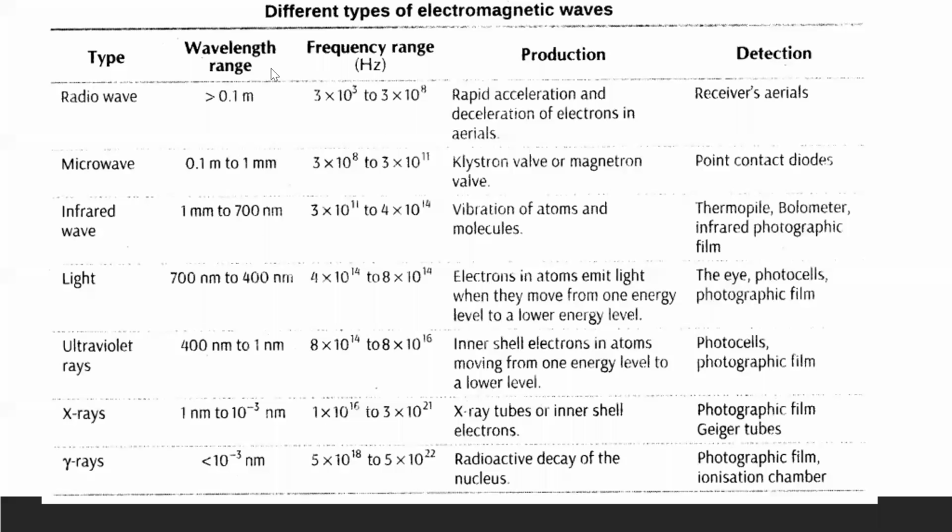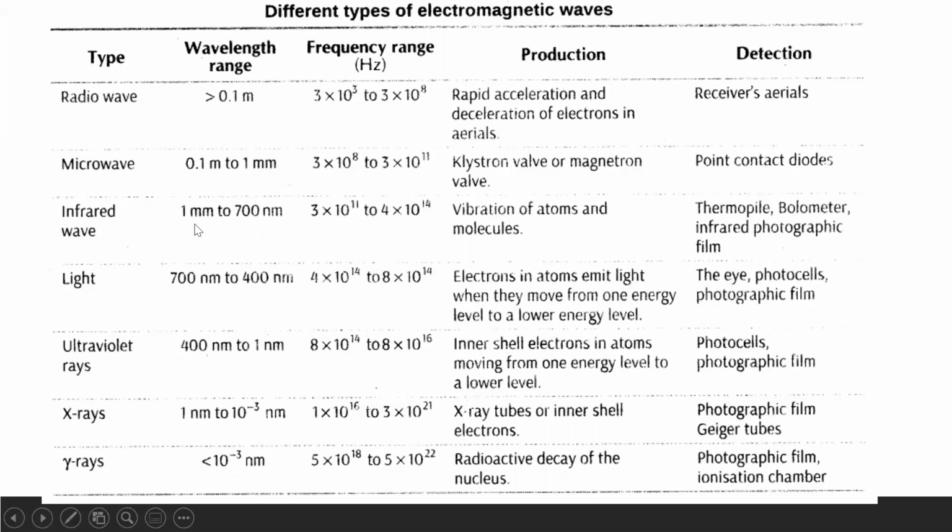And these infrared radiations can be detected using thermopile, bolometer, or infrared photographic film. There are infrared photographic films which are used to capture distant objects. For example, if we want to take a photograph of Earth from the moon, we can use infrared radiations, because they have a higher wavelength than light.